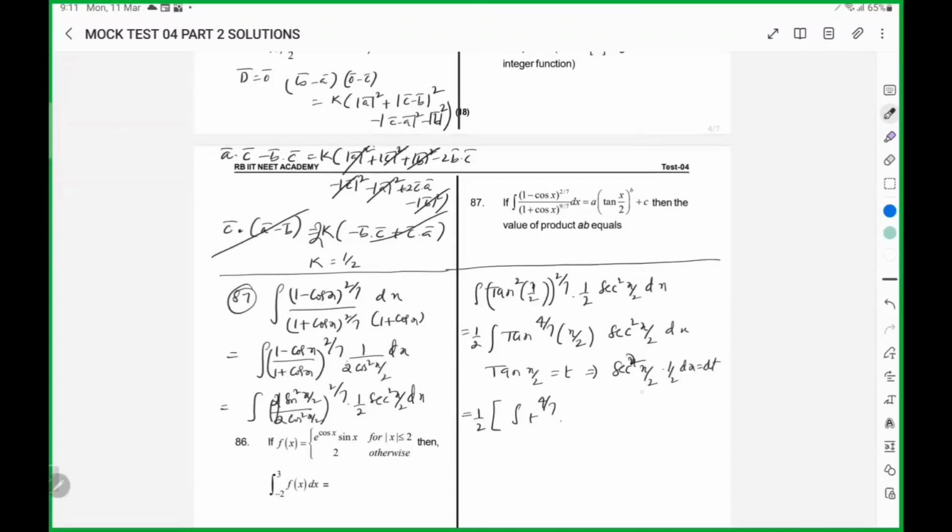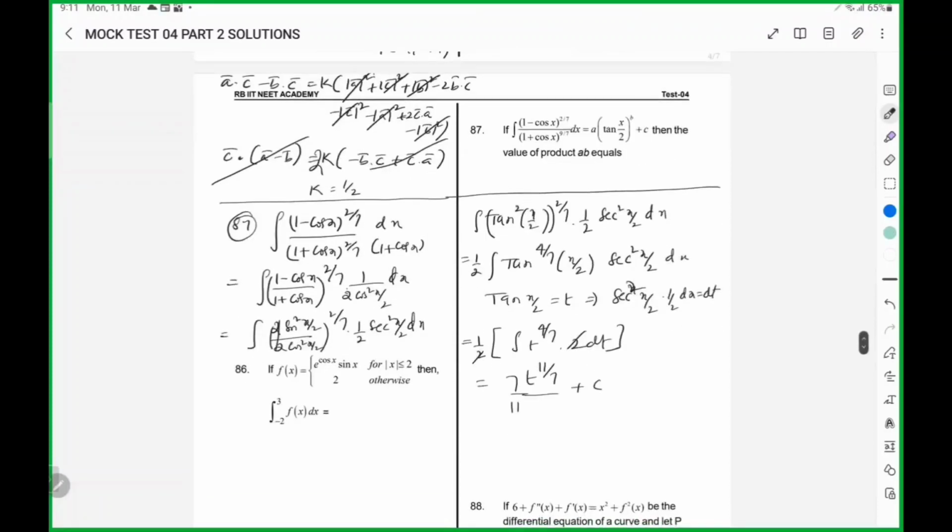Secant square x by 2 dx is 2 dt. T power 11 by 7 by 11 by 7. T is nothing but tan x by 2. A is, B here is 11 by 7. AB is 1.